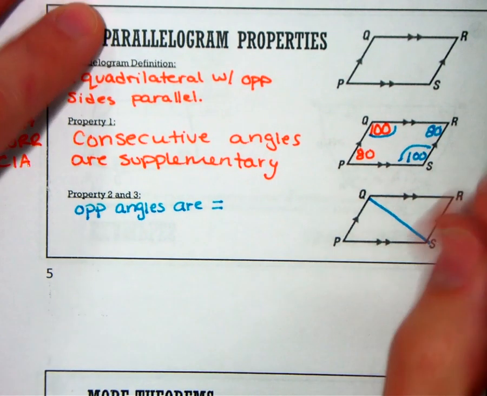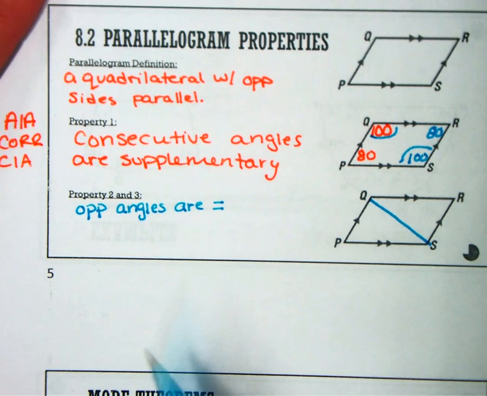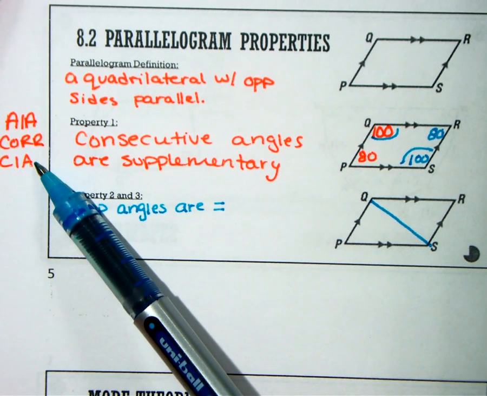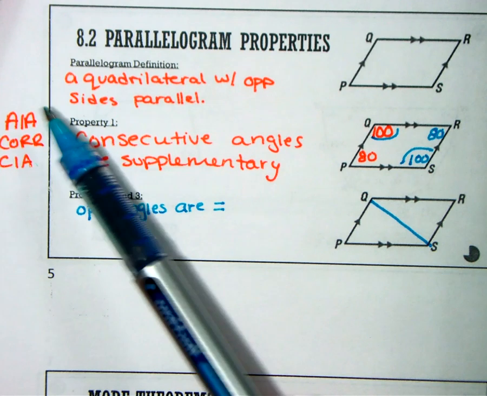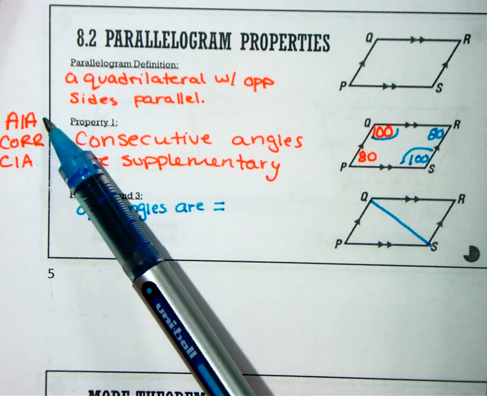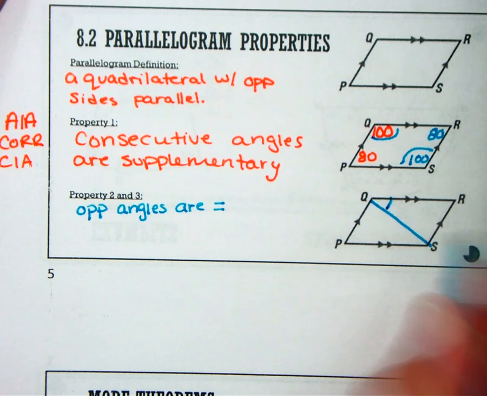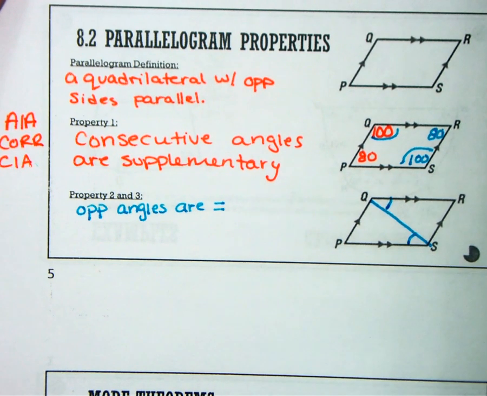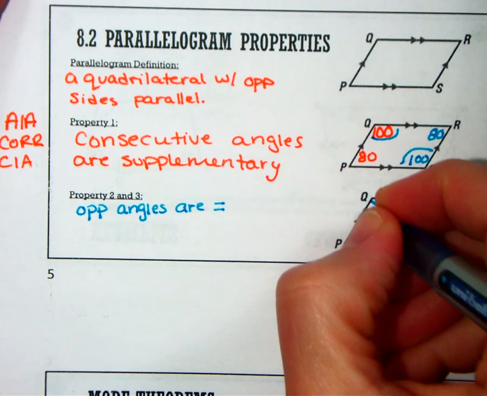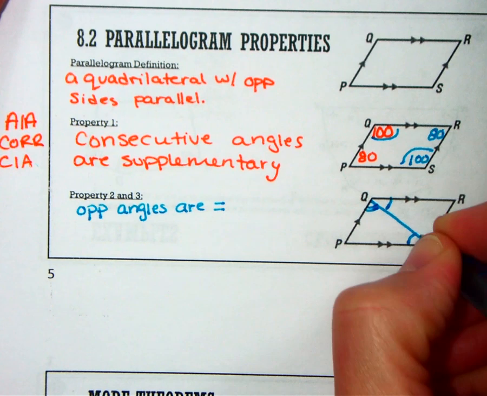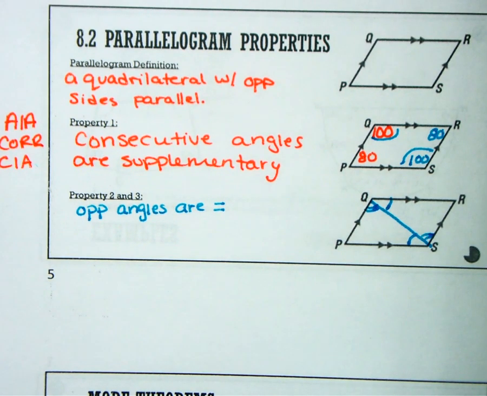So if I break that down, we said just a second ago that we dealt with this kind of consecutive interior, but this alternate interior is also an option. Okay, so that means this angle is congruent to this one. And also, this angle is congruent to that one by alternate interior.